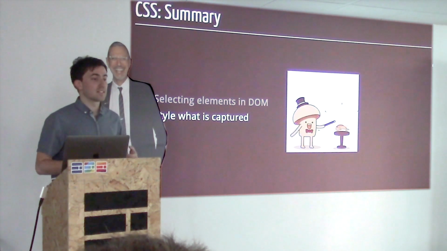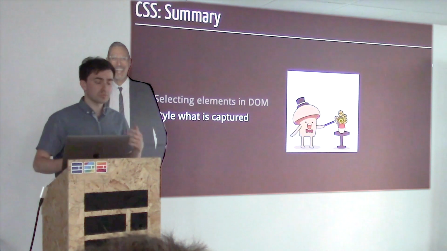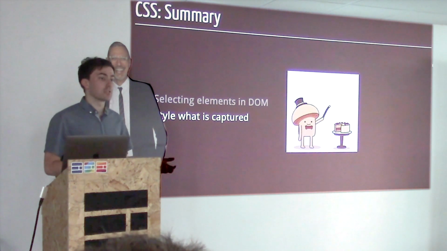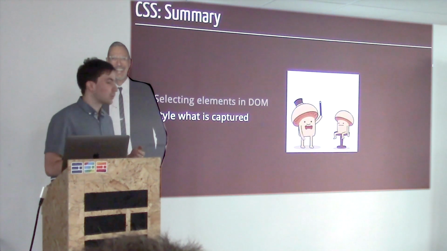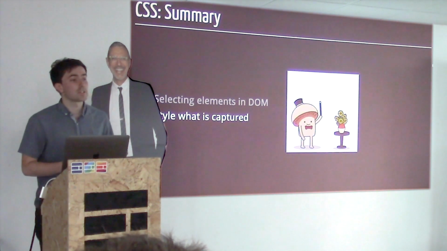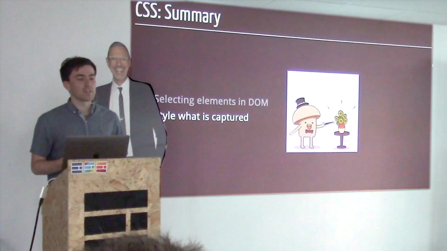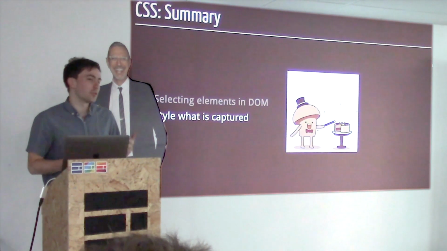The next thing it does is it lets you style it. You can say background color red, or text decoration underline, and that's going to style that element that you just found. There are a couple of extra things that CSS has as well, like pseudo selectors and pseudo elements, like the hover pseudo selector, for example. You could argue it doesn't quite fit into these 2 main things, but you also could argue it could.